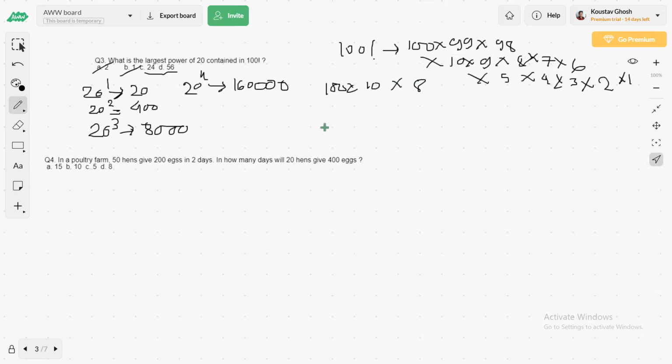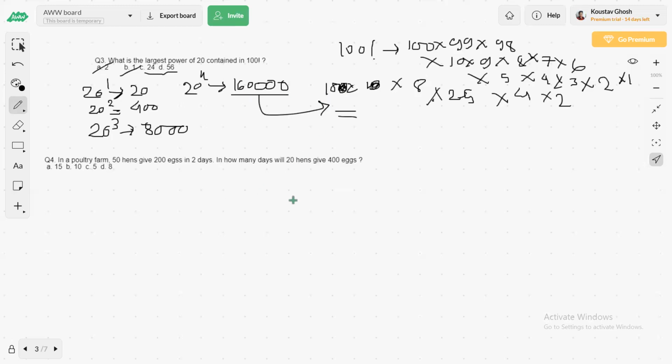That is 100 into 8 into 25 into 4 into 2. 25 fours are 100, 100 into 2 is 200, 200 into 8 is 1600, 1600 into 100 is 16 with 4 zeros.